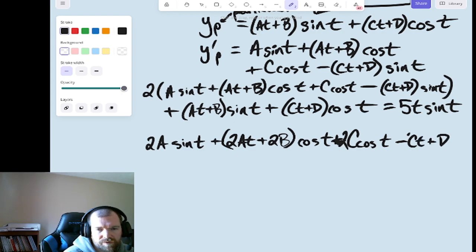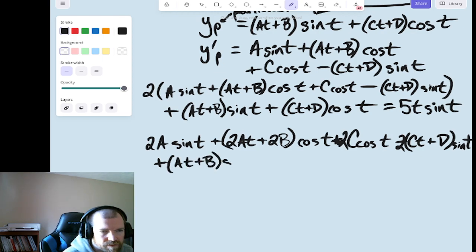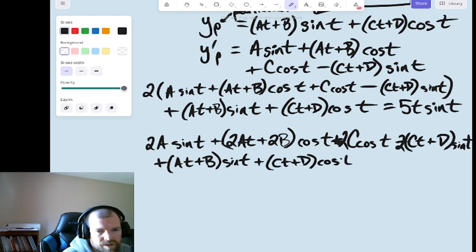We'll just keep the parentheses here. That's twice that. Sine of t plus at plus b sine of t plus ct plus d cosine of t is equal to 5t sine of t.